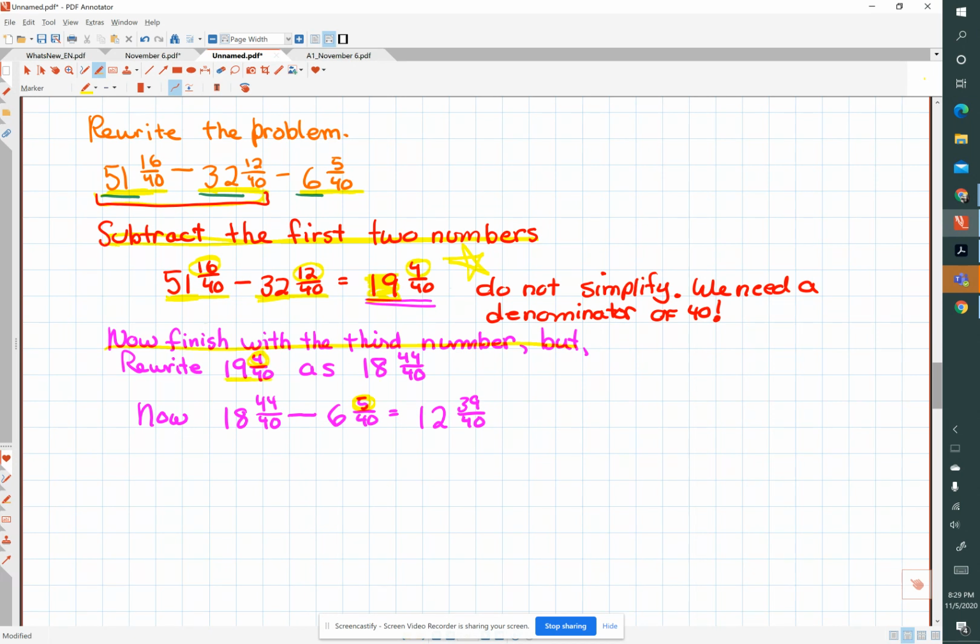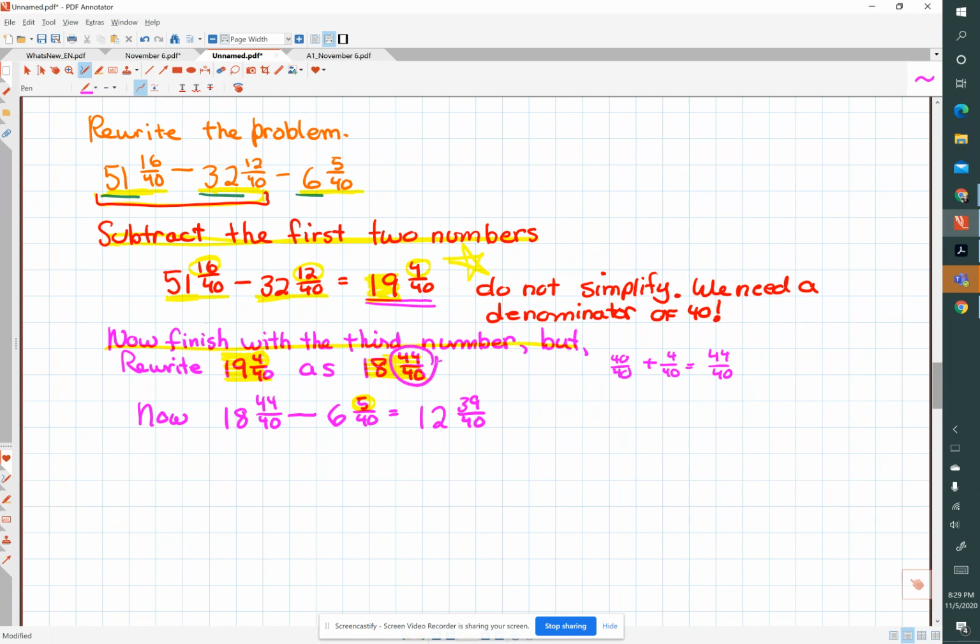So we will rewrite 19 4/40 as 18 44/40, because what we've done, students, is we've taken 40 over 40, which equals 1, and we've added it to the 4 over 40, which gave us the 44 over 40, which is what we have here.